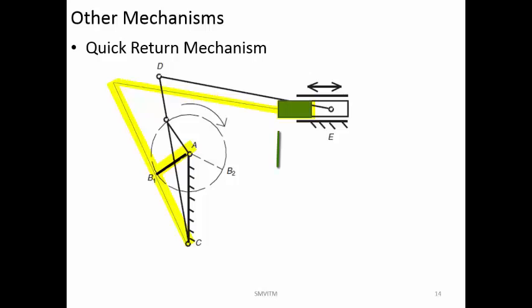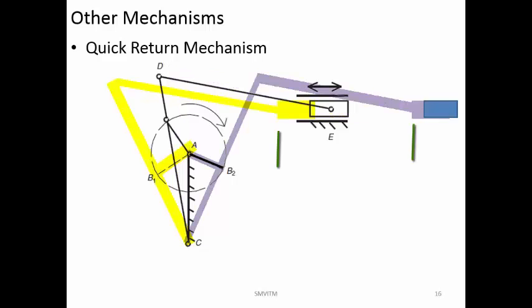Now when the crank is rotating in the clockwise direction, the slider will move forward by some distance. Then as it rotates, the lever here will again take the extreme position, that is AB2 will be the position of the crank here, and the slider is at the forward extreme position.